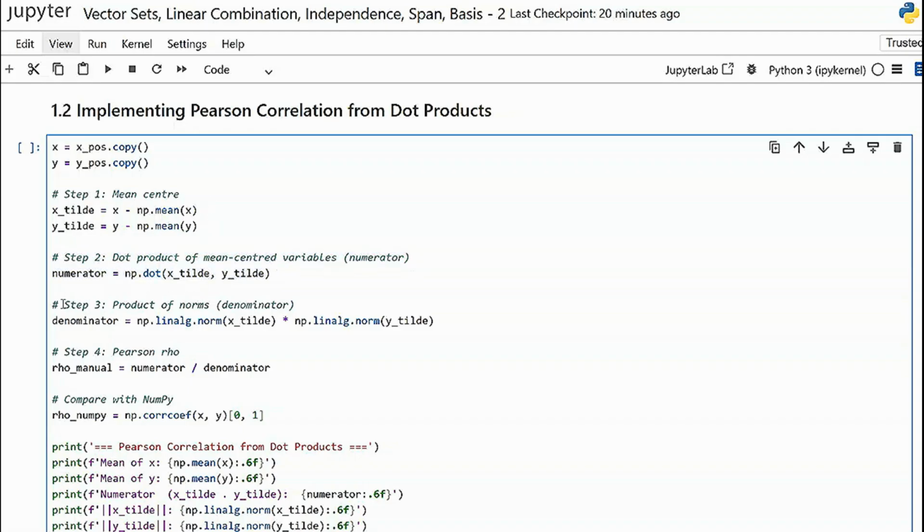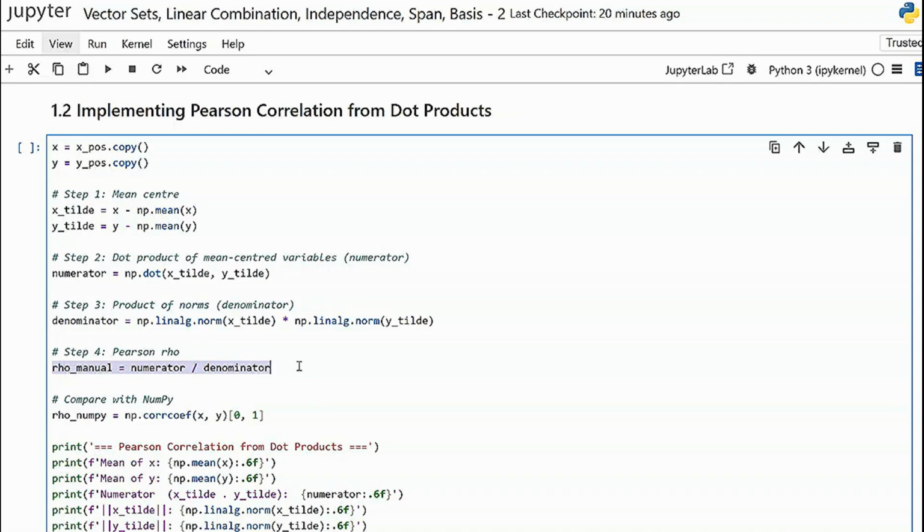And next, step 3: the product of norms, that is the denominator. We compute the magnitude, or norm, of each centered vector. When we multiply these norms together, this becomes the denominator, which normalizes the result to remove scale effects.